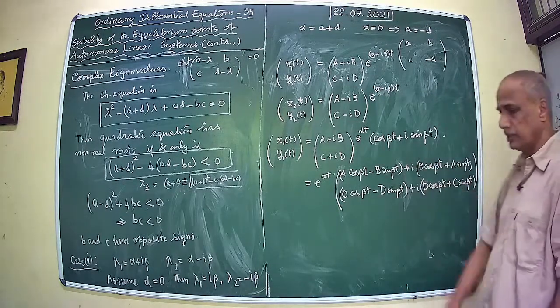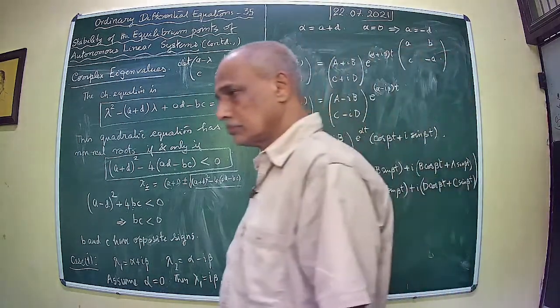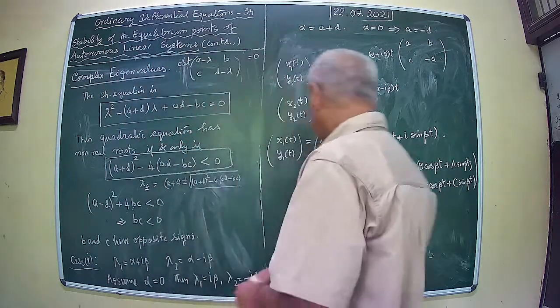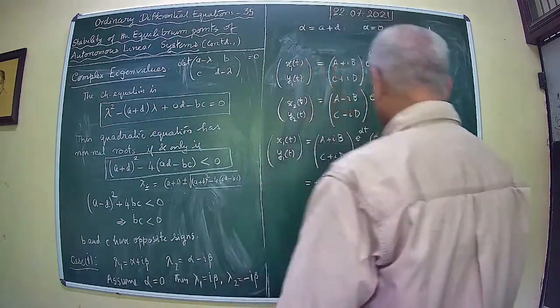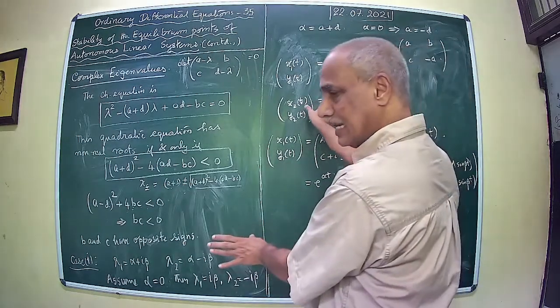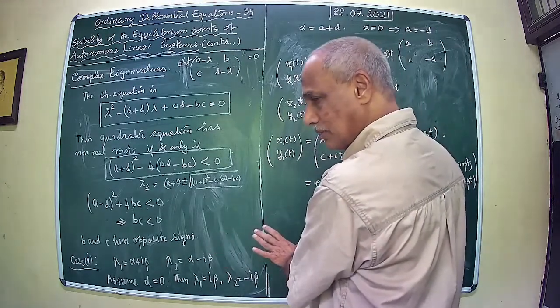This is the solution that you have. And from this you can extract two real solutions. You don't have to consider the second case. You will end up with the same sort of functions.